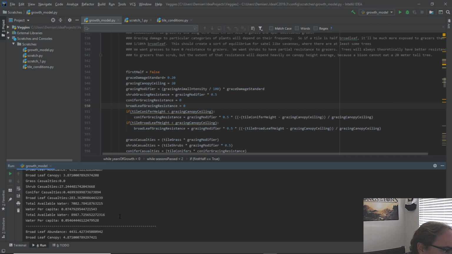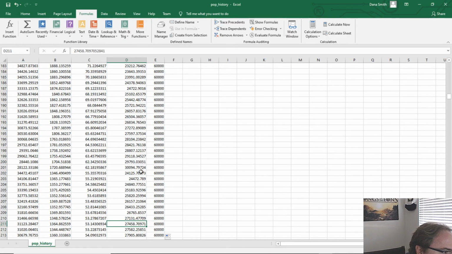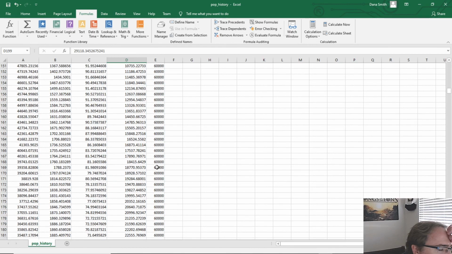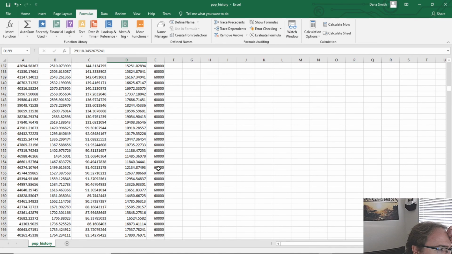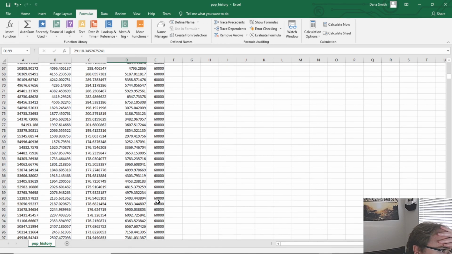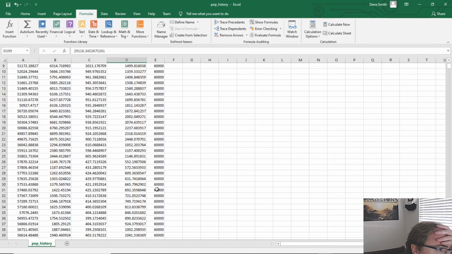Every other season is when we get casualties. So if we go back here and we had roughly 400 here and then 200 here, that's still a good bit of downward pressure. You'd expect fire would roam through, knock things down, but then the casualties are only going to be per capita too.